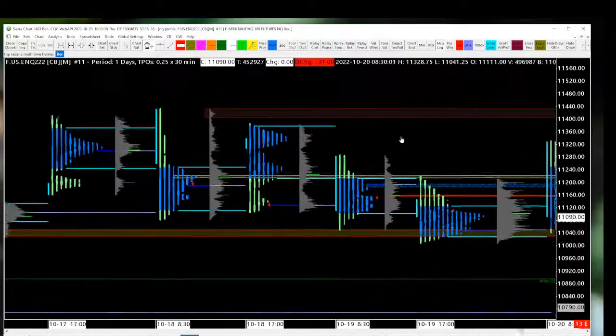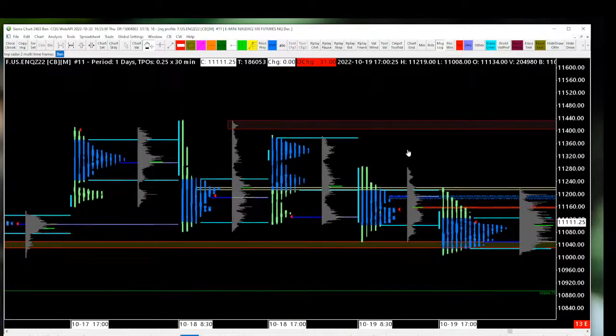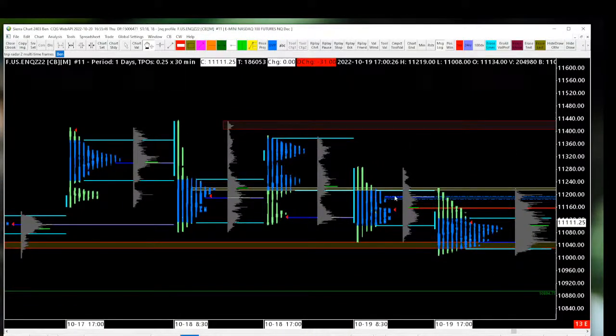So right here, everything will shift. The point of control is still in the same place, thankfully, but sometimes it won't be. Sometimes it will shift, and he likes to know where the value area and the VPOC of the previous regular trading hours session is, because for him that's what matters most.